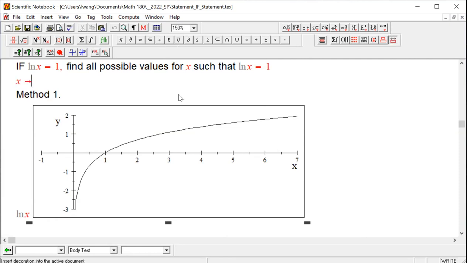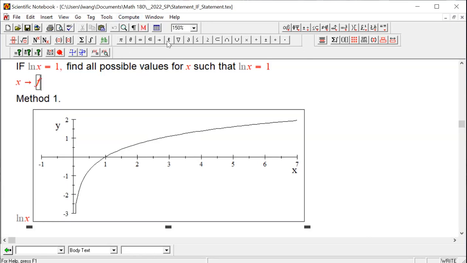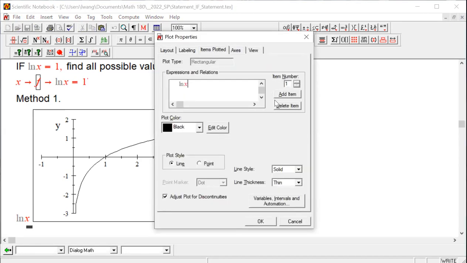And the rule of the function is ln x, a different rule. And the output is ln x, right? So now we know the output equals 1. So what do we do? We're going to draw that horizontal line.